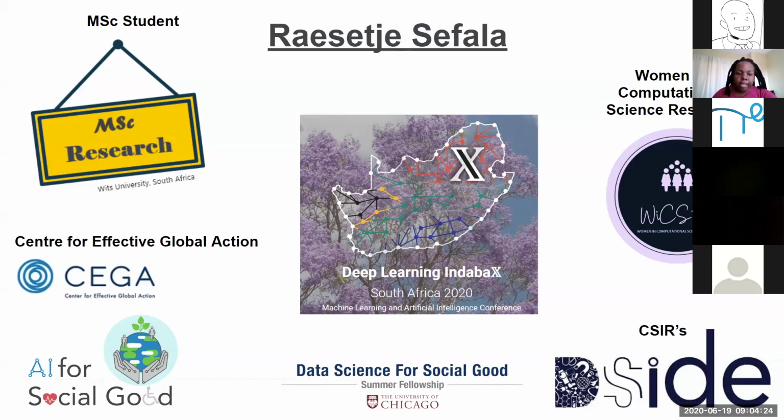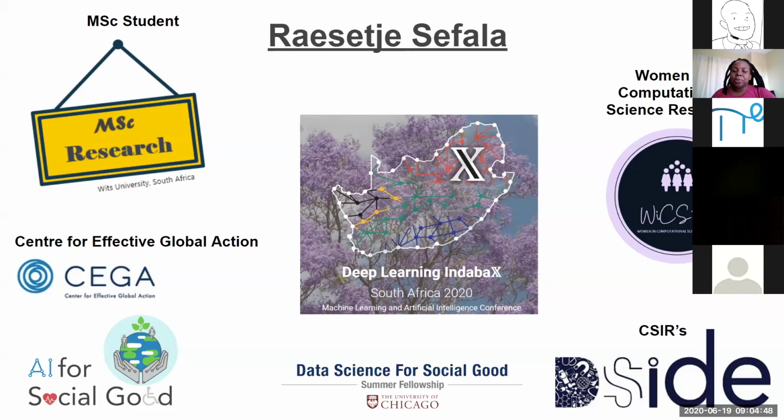I'm also part of the AI for Social Good group at Mila in Montreal under Professor Joshua Bengio. Yeah, so I've participated in Data Science for Social Good and CSR's D-side. That's actually where I started.